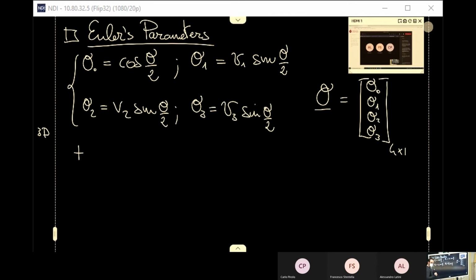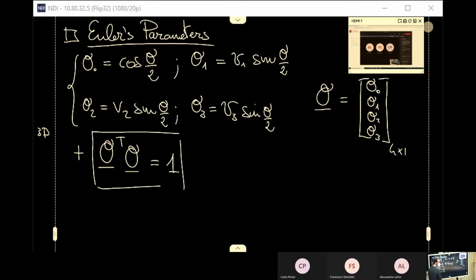You can enforce the fact that v1, v2, and v3 have to be components of a unit vector in a very simple way. Right?